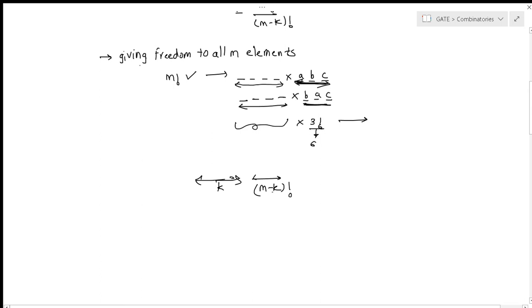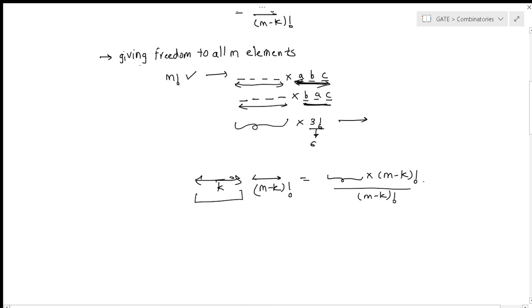There will be m minus k factorial permutations, whereas the first part is still the same. So those combinations where the first part is the same and the rest, the m minus k factorial values, are changing, I need to count them only once. So I will simply divide by m minus k factorial.